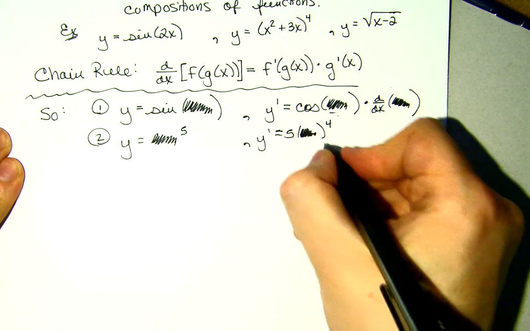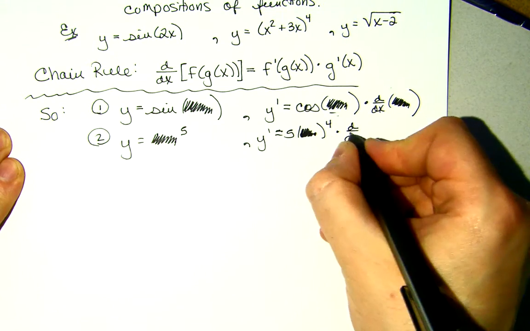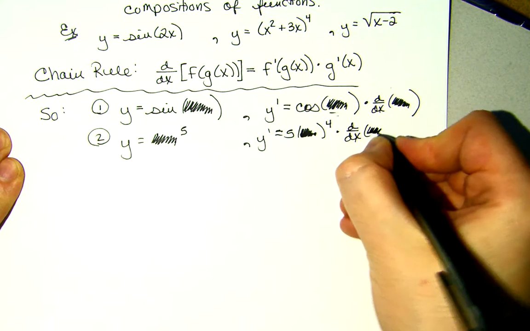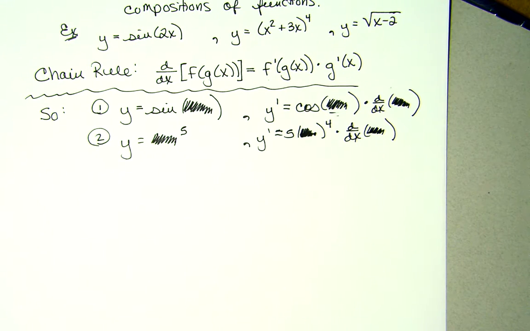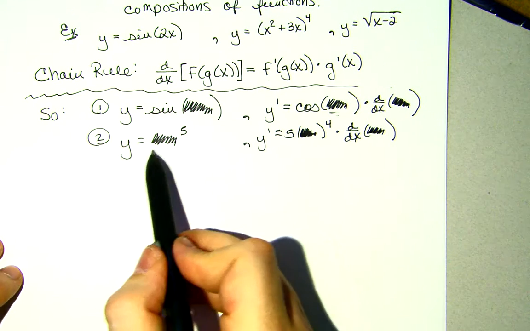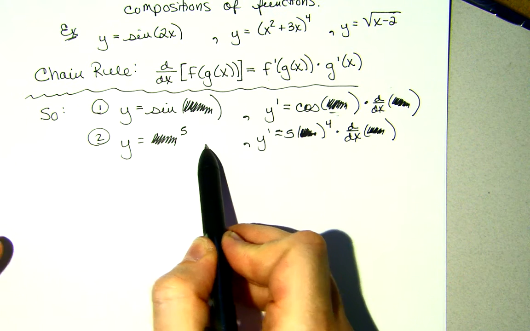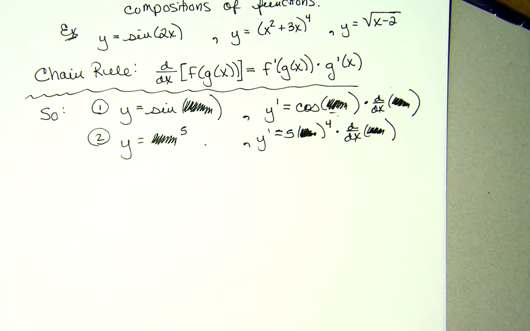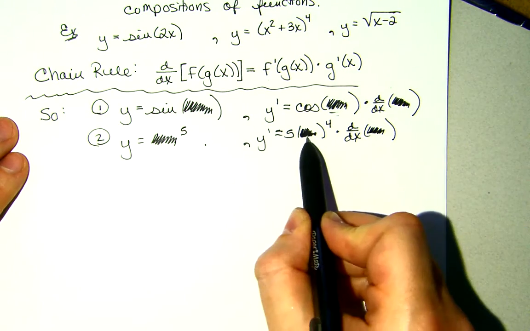But the chain rule says I then need to multiply by the derivative of that thing that's inside. We're doing the derivative of the outside function. In this case, it was something getting raised to the fifth. 5 times that thing to the fourth. But by this new chain rule, when we're done, we need to multiply by the derivative of that thing inside.